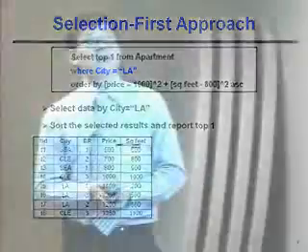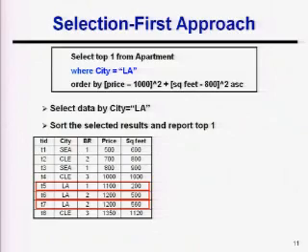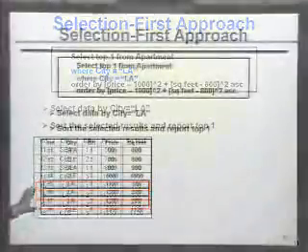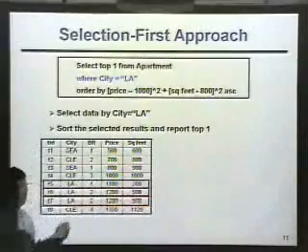Let's look at how people do the selection first approach. I hide the details and just look at the problem at a logical level. By selection first, they first select data that satisfy the selection condition. For example, in this small data set, they will first select these three data objects.